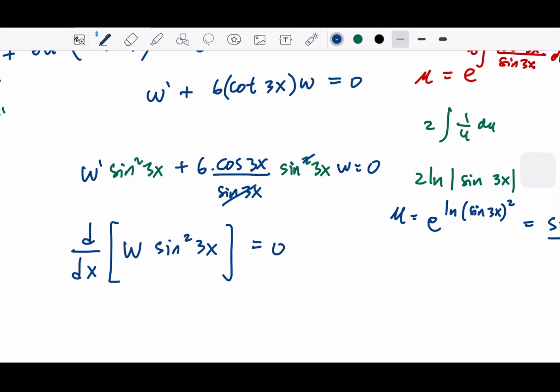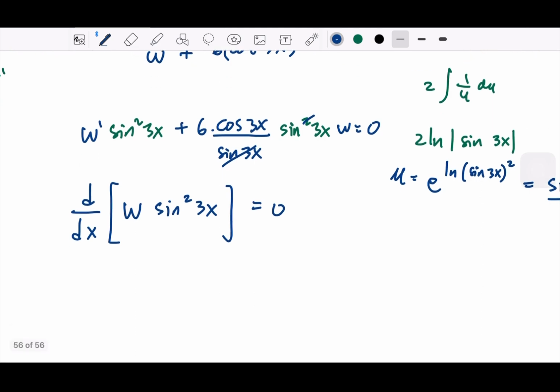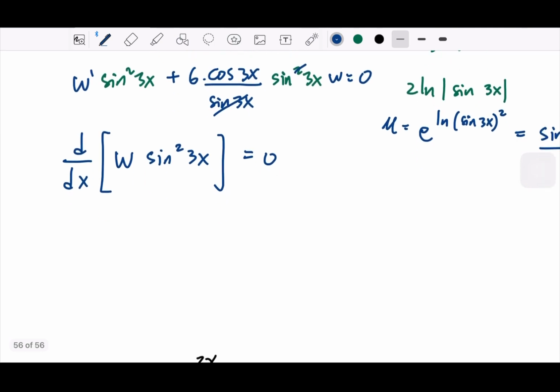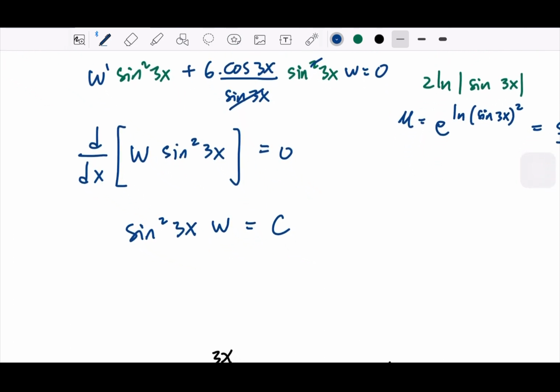Now we take the integral. Then this will be sine squared 3x w equal to a constant. Now we know that our w is u prime, so sine squared 3x u prime is a constant.